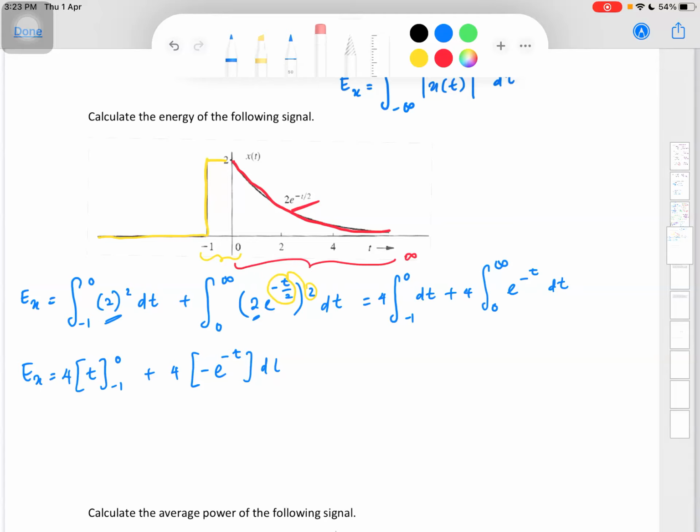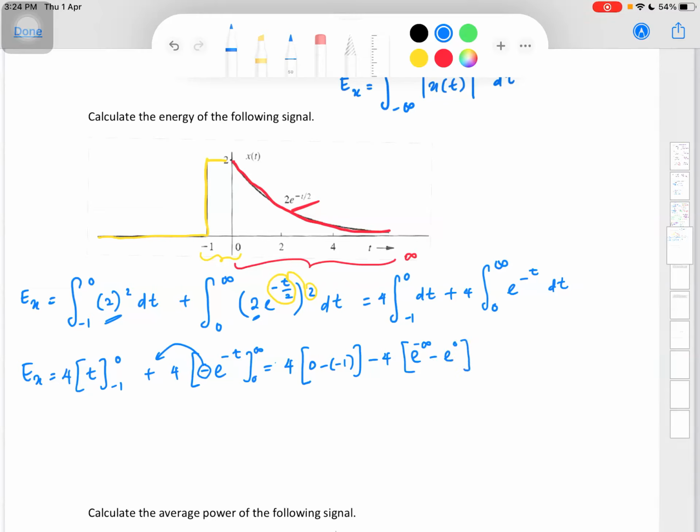Sorry, no dt. Okay, so you can make it 4, 0 to minus 1, and then we take this minus sign outside, we will have -4, and then here is from infinity to 0, so e to the power of minus infinity minus e to the power of 0.